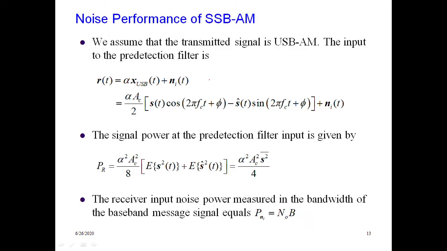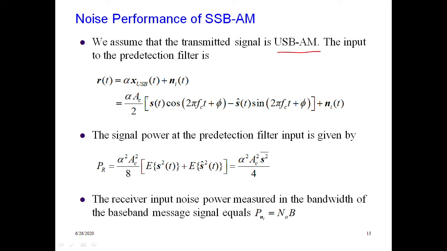Alright, the second type of modulation is single sideband. I know the second one we learned is conventional AM, but we just follow this slide. Let's see what the noise performance of SSB is. Let's say we have USB.